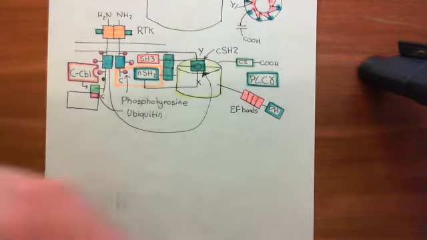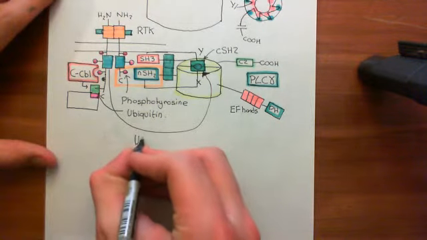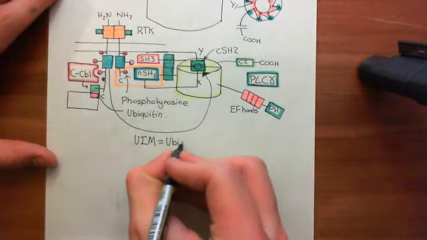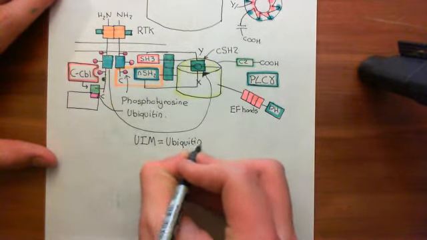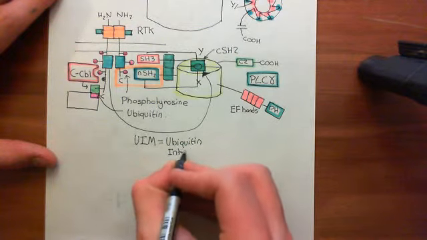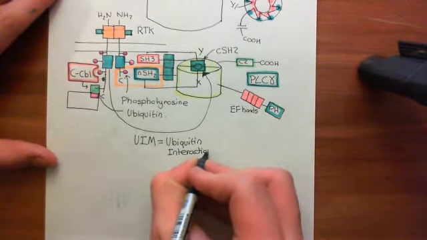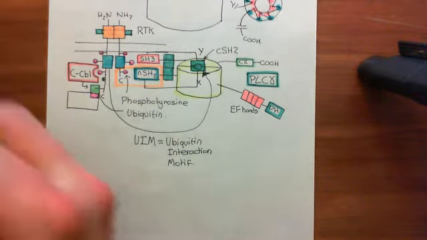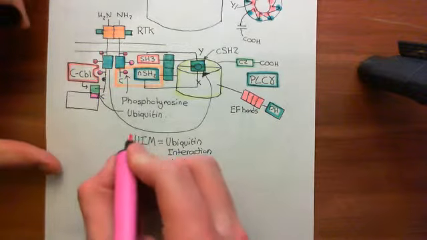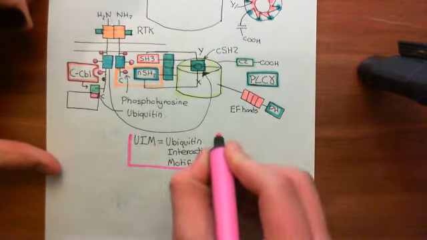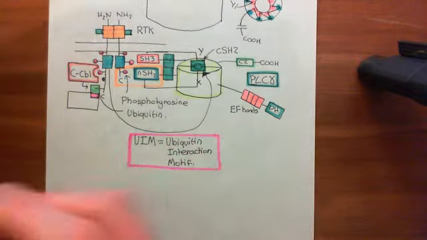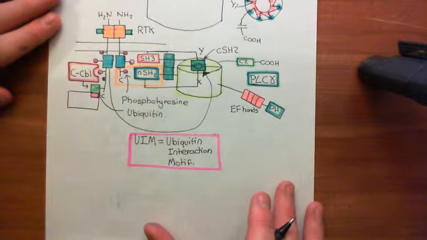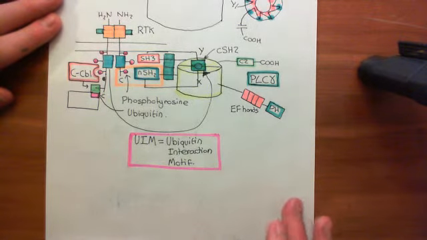So this portion in purple that's binding to the ubiquitin group is known as a UIM for short, which stands for ubiquitin, that's the U, the I is for interaction, and then the M is for motif. That's the pink part of the protein. So this protein with a ubiquitin interaction motif is going to come and bind to that ubiquitin group that's been attached to the receptor tyrosine kinase.